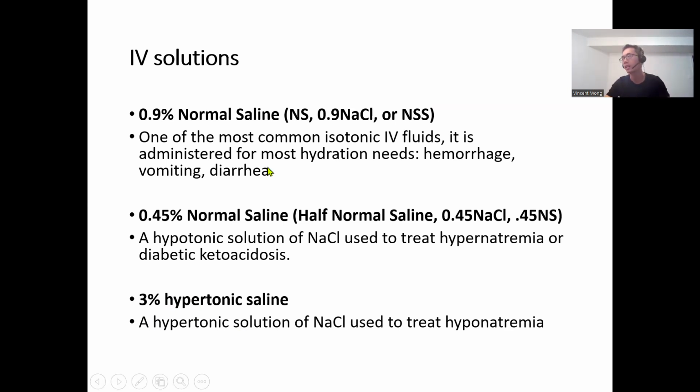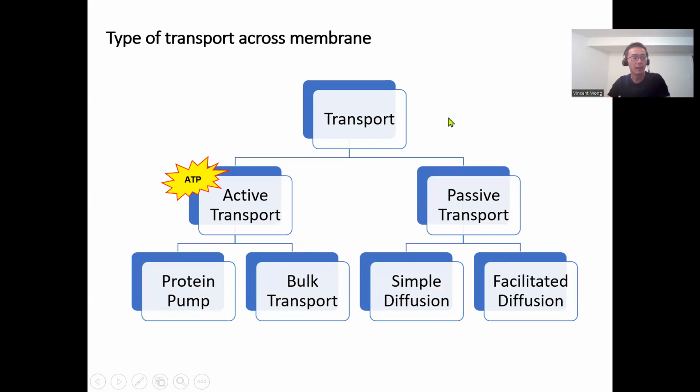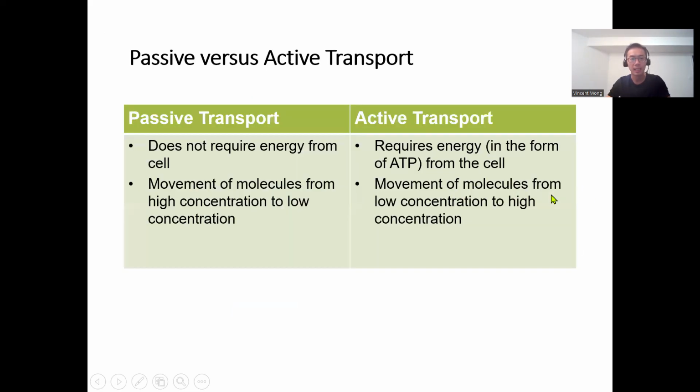So different scenarios require different kinds of saline solution. That's the point. All right, we're going to switch gear and talk about transport, and there are two main categories of transport. There is what we call active transport, and then there is passive transport.